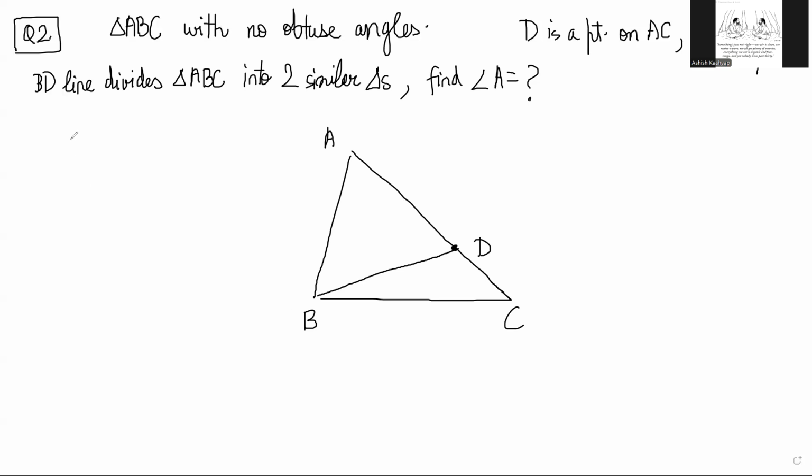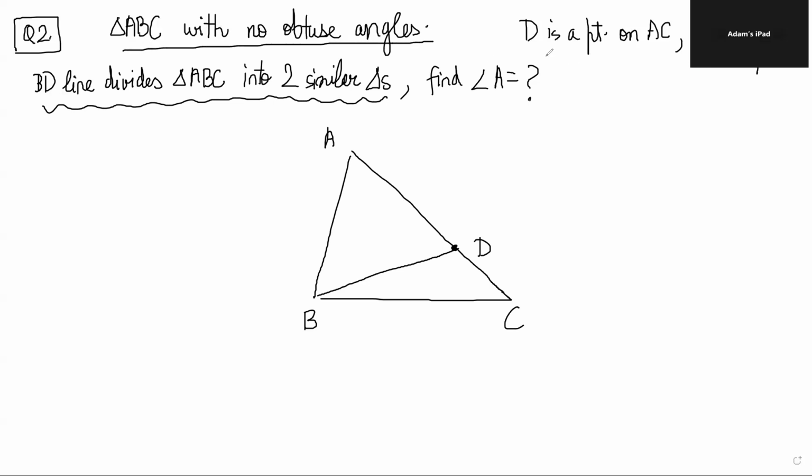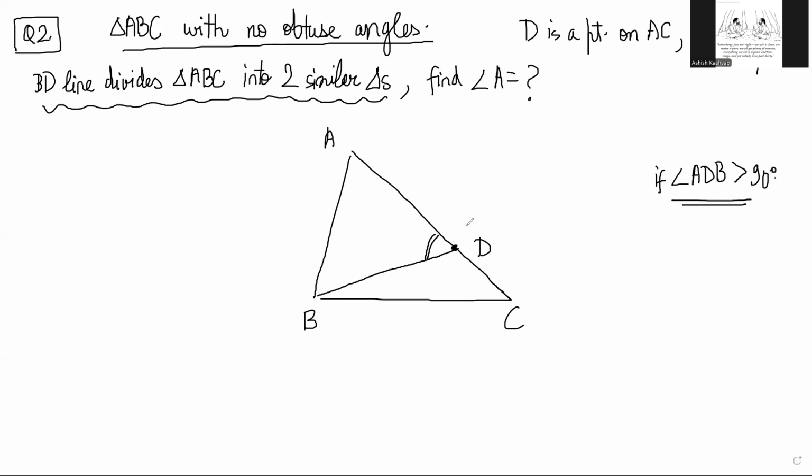See, this condition is a little critical. The BD line should divide triangle ABC into two similar triangles, and triangle ABC cannot have obtuse angles. So, for example, if angle ADB is bigger than 90, what will happen? Let's think.